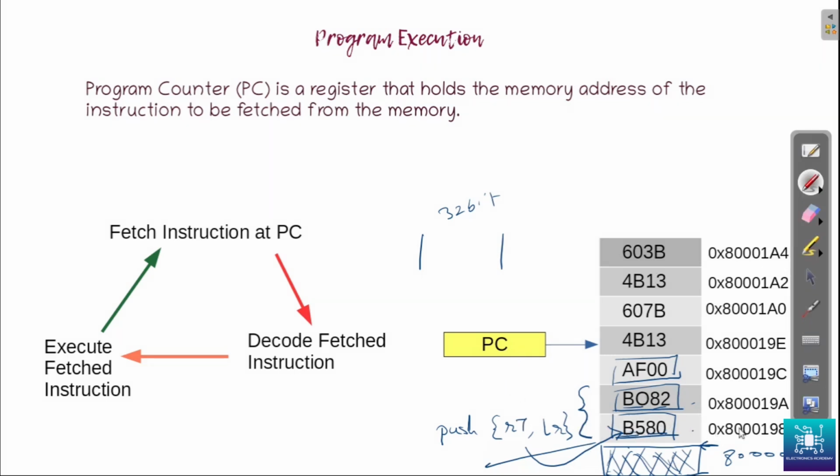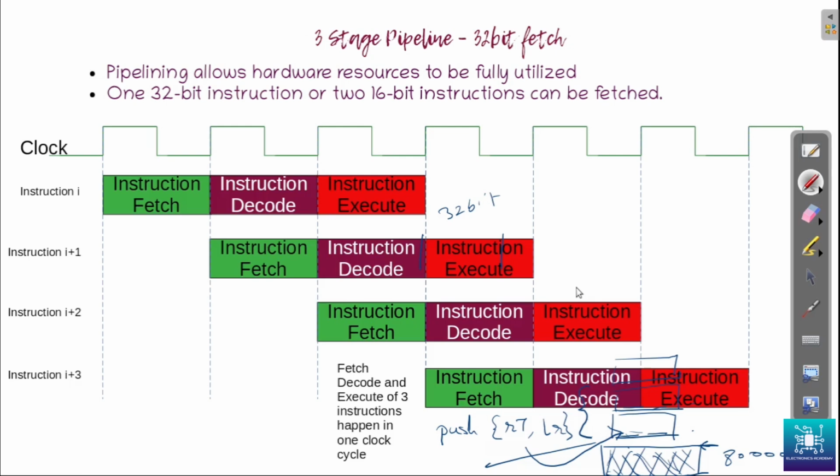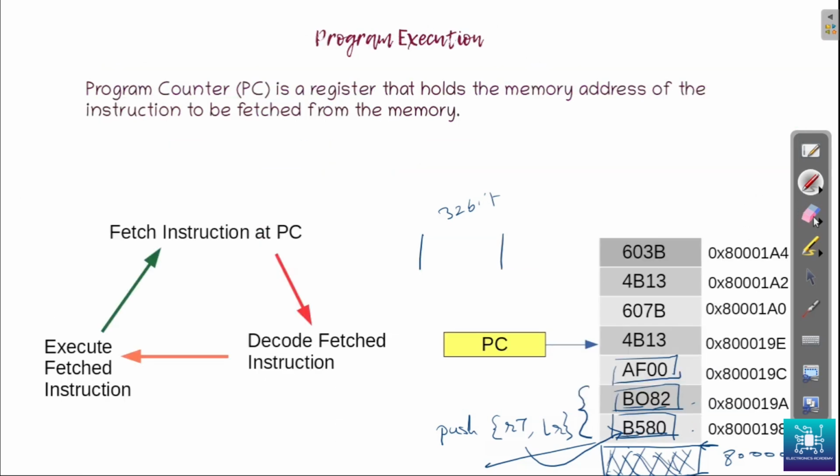So when the PC is here, it will actually take in 2 opcodes, and the next jump of the PC is going to be here. The next PC increment is going to be here, so it increments by 4 bytes. That is how the PC operates.